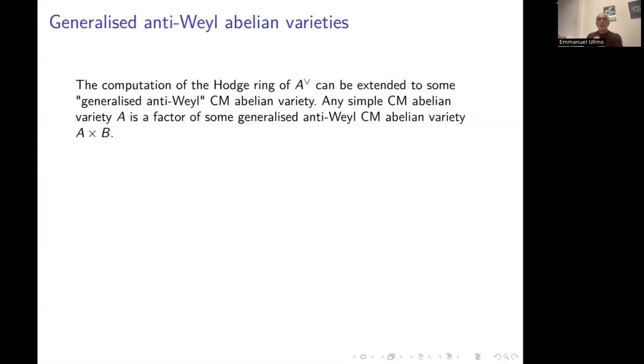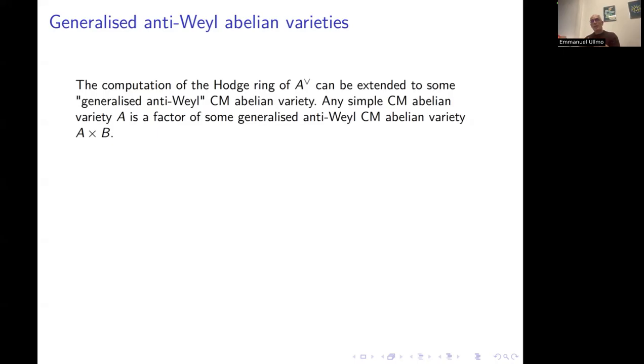In general, when we start with any abelian variety, we define something which is called generalized anti-Weil.